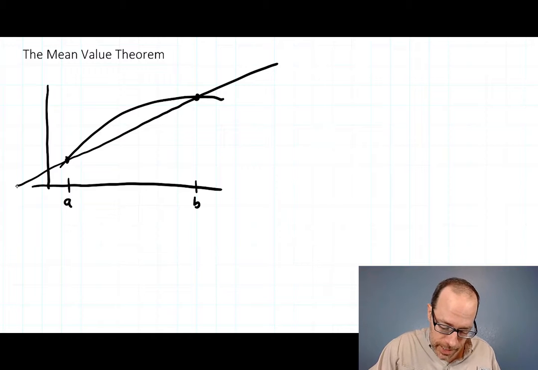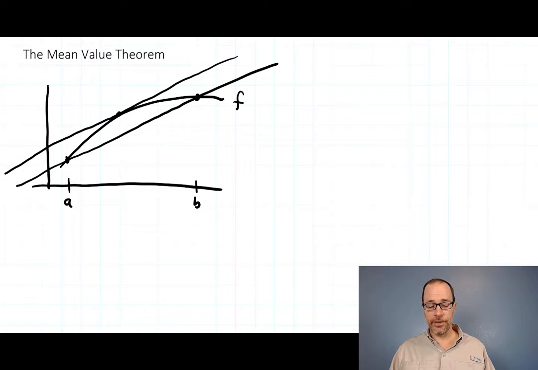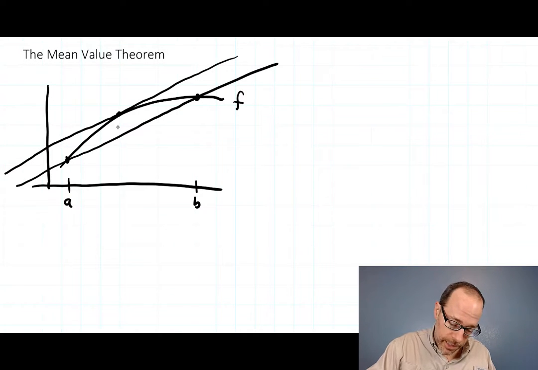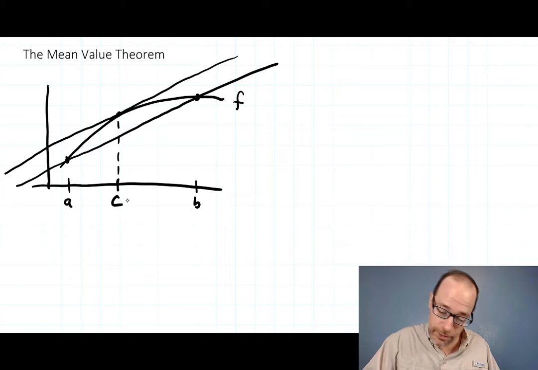And you notice that there's this point on the graph of f here where the tangent line is parallel to that secant line. Okay? And that's all the mean value theorem states.